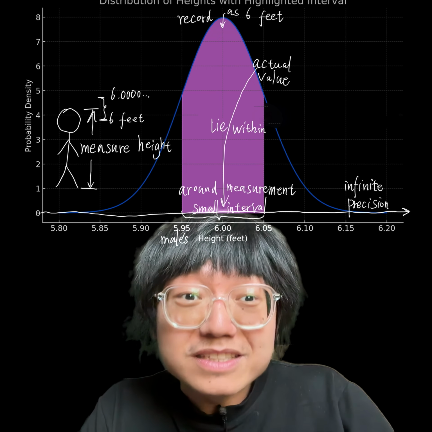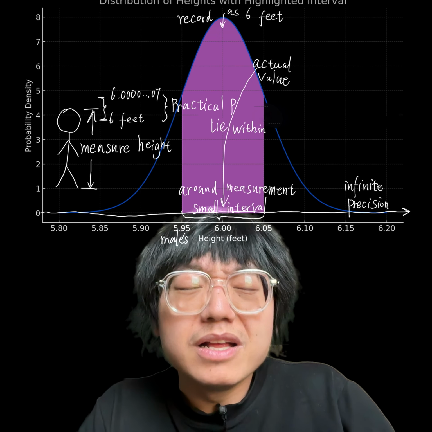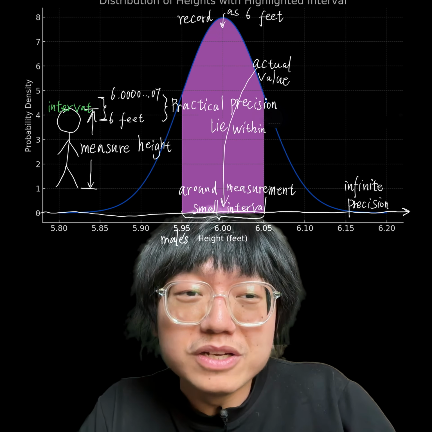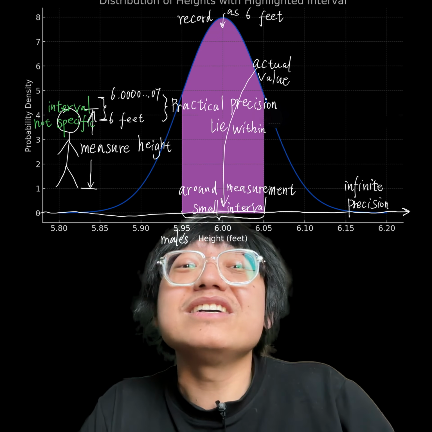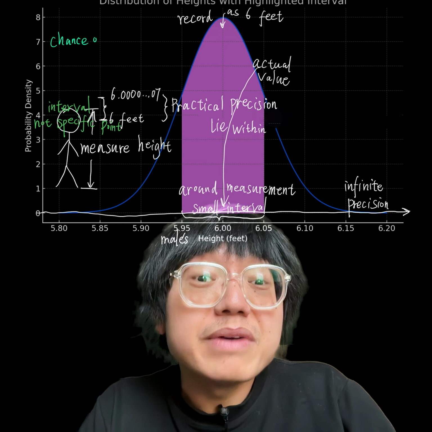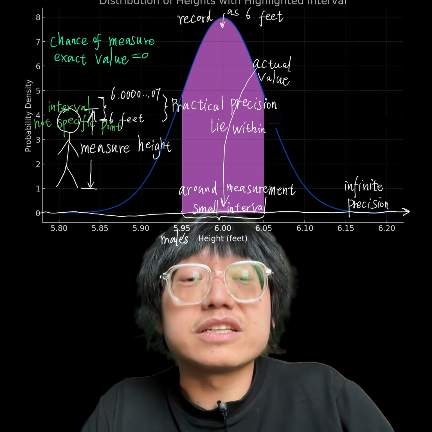6.00007 feet. Measurements are often reported with a practical precision, but the true value could be anywhere around the reported value. So the probability is considered over an interval rather than at any specific point, because the chance of measuring any exact value is essentially zero in a continuum.